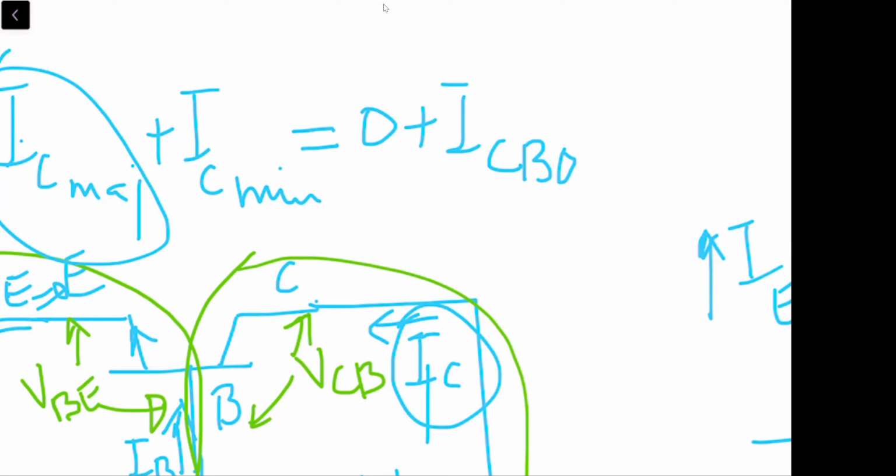When IE is equal to 0, IC will be equal to that portion of the collector current which is flowing through the collector base junction when the emitter is open. ICB means it is the current which is flowing through the collector base junction, and this O over here means that the emitter is open. Emitter is open means that there is no current flowing in the input circuit or the emitter circuit, or IE.